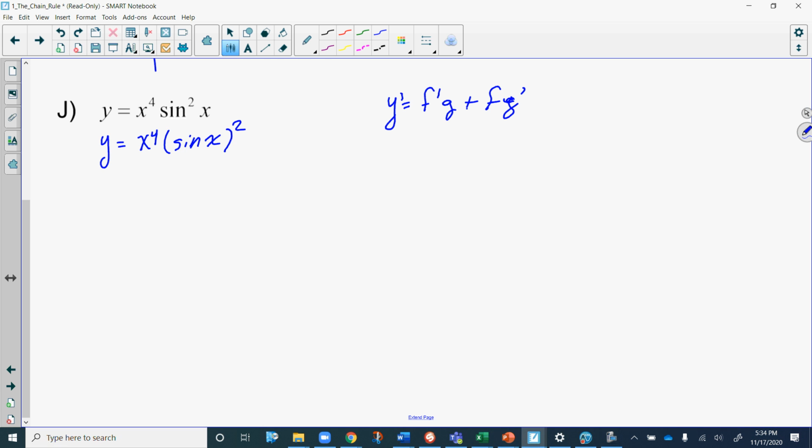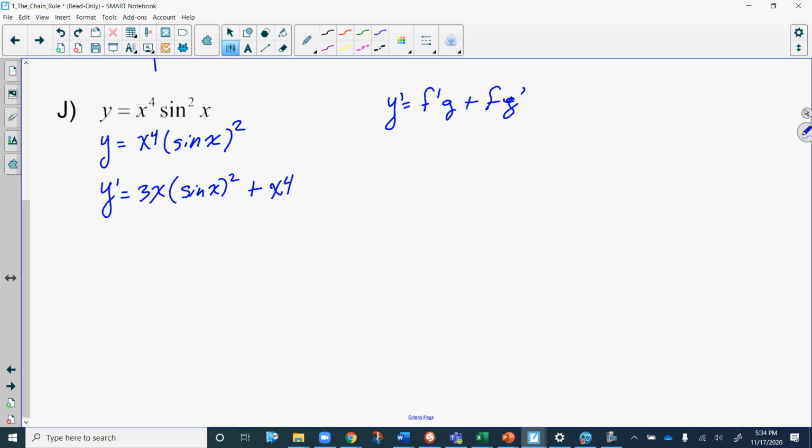I'm going to take the derivative of the x to the 4th power, and that'll give me 4x cubed, and it's going to get multiplied to sine of x quantity squared. And now we have to use the product rule, so we leave x to the 4th by itself, and I'm going to take the derivative of the sine of x squared.